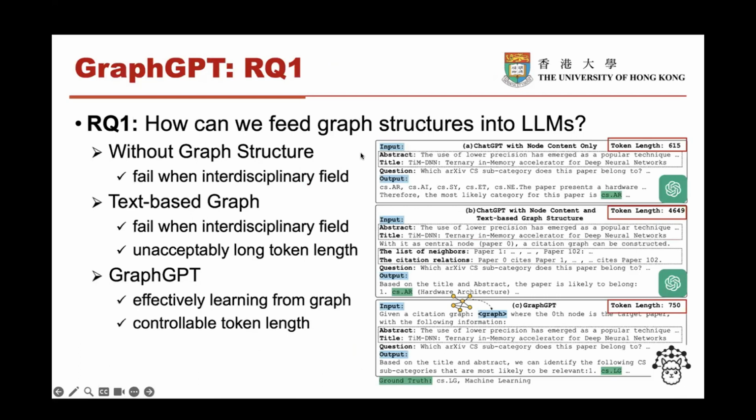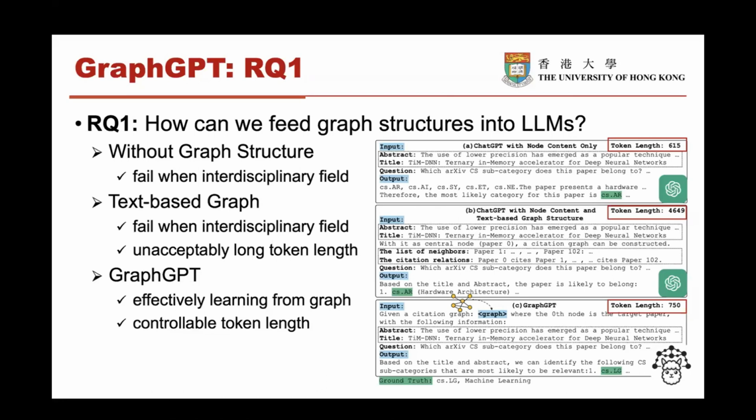For the first research question, there are mainly three approaches. First, for paper classification in a citation graph, we can just classify the paper without graph structure, namely, don't provide the neighbors' information.